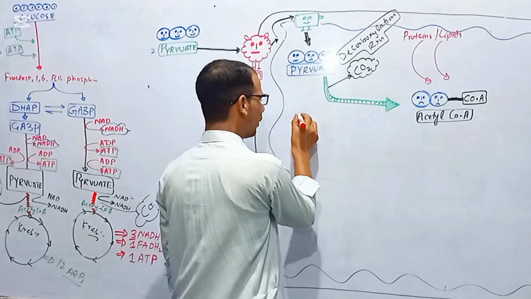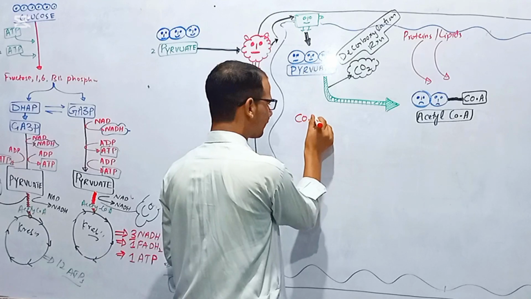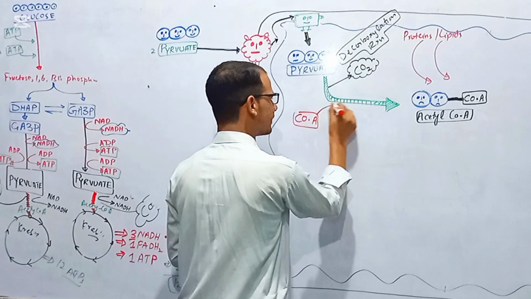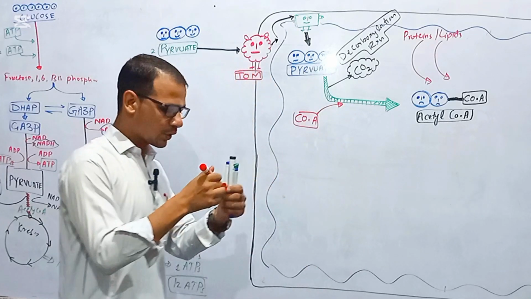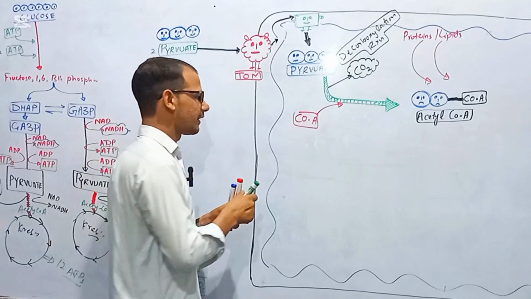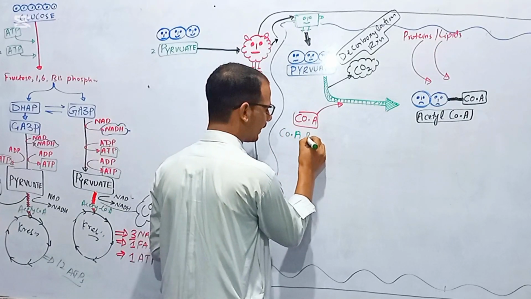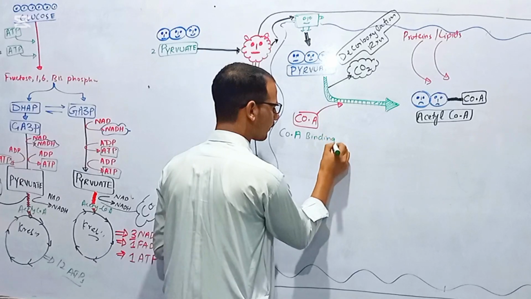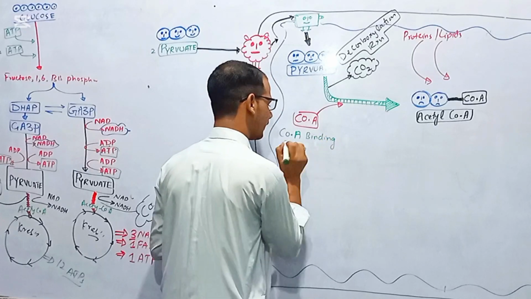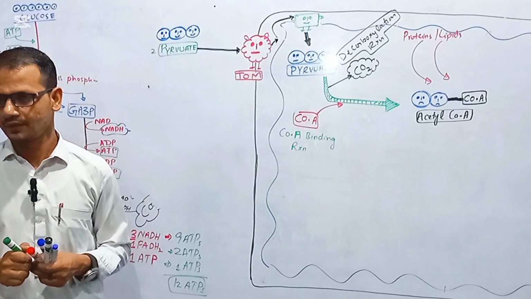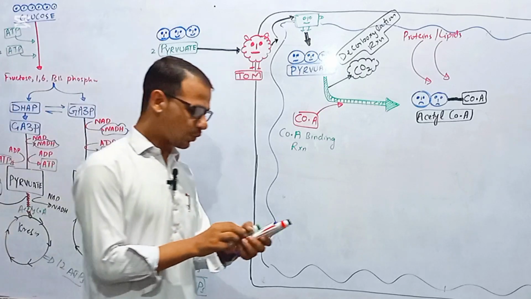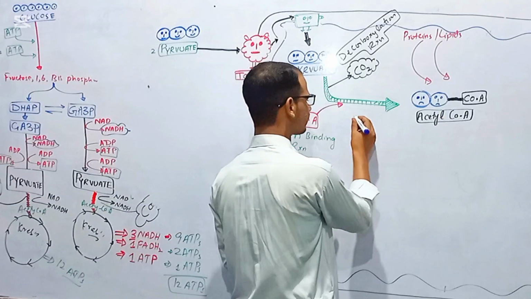Not acetyl, only the coenzyme A is added to this reaction, and this is called coenzyme A binding reaction. This is the second. The third one is 1 NAD.